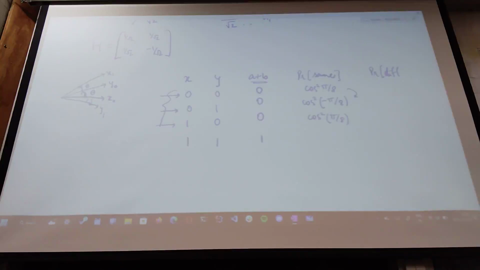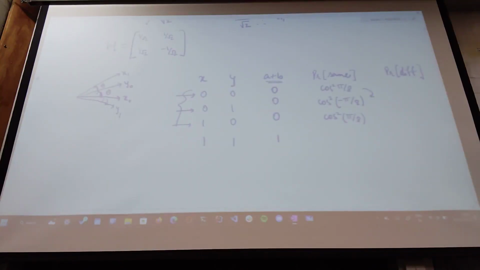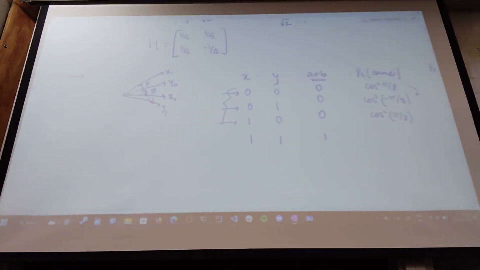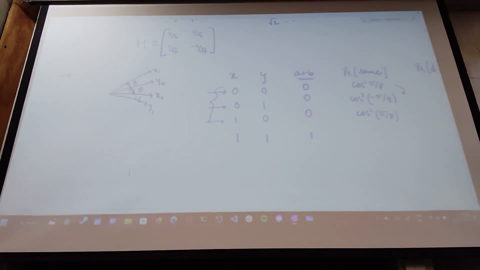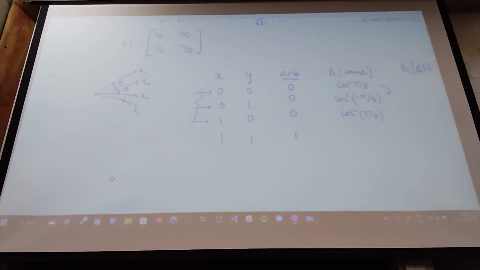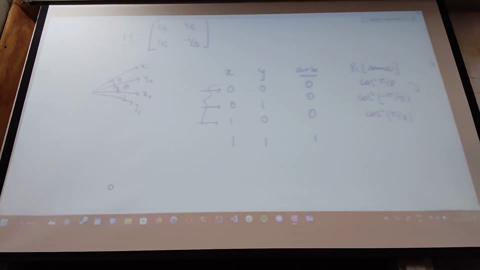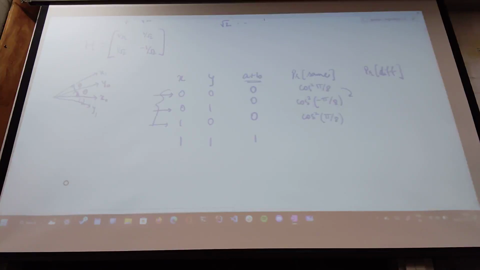This occurs if Alice and Bob output a 1 and 0, or they output a 0 and 1. If you look at the probability, you will also get cosine squared pi over 8.